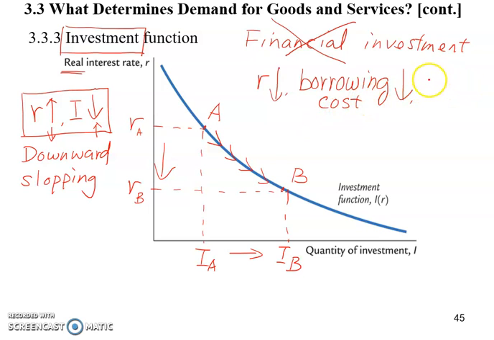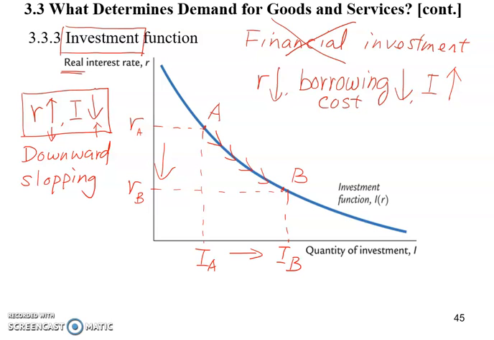So we find that they tend to invest more. That does make sense. Why do they want to invest more with a lower borrowing cost? Because it's cheaper for them to do the investment.